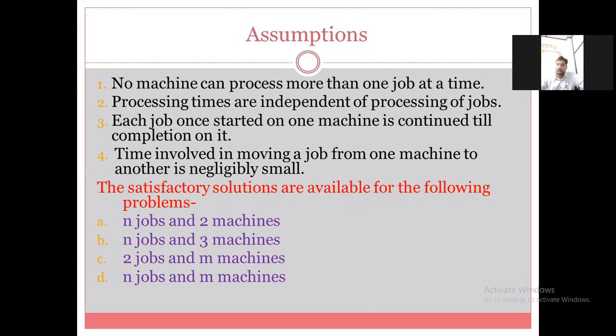So these problems can be solved by considering the assignment problem. I hope you learned these assignment problems in operation research. So here, once again, we are going to deal with the first 2 varieties, that is, n jobs and 2 machines, and second, n jobs and 3 machines.